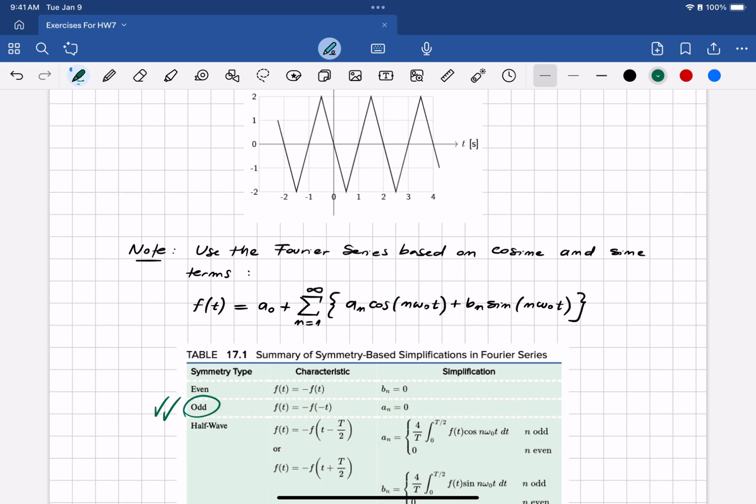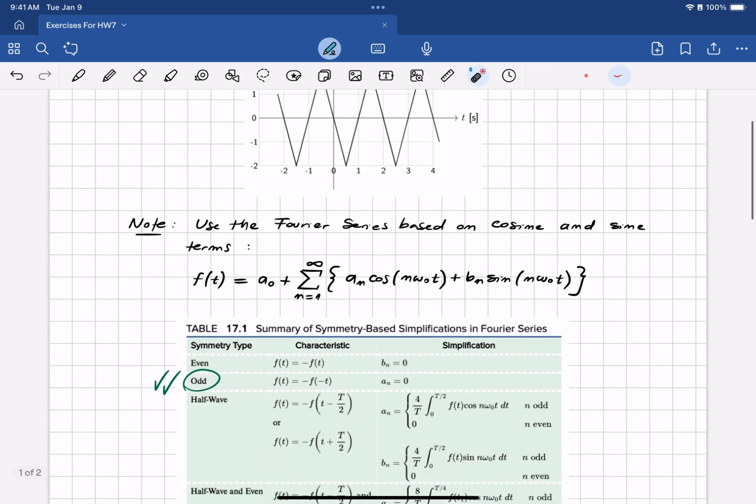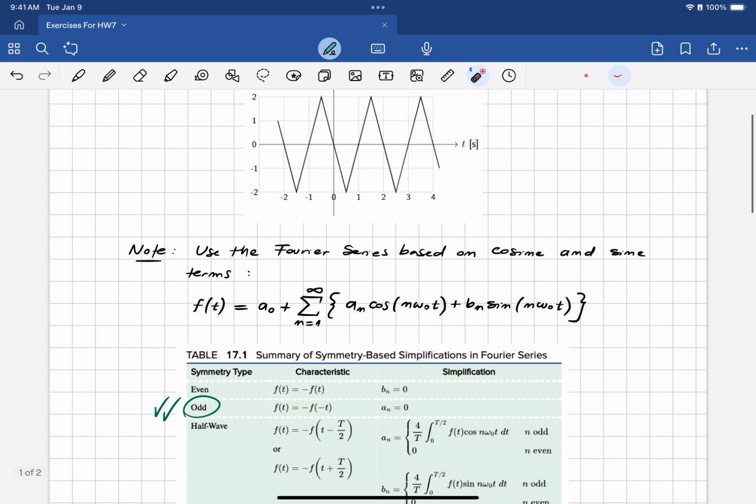And let's see if it has half wave symmetry. And how do we get that? Applying one of these definitions, right? So if we have one f of t, and then we move half a cycle, in this case one cycle is exactly 2 seconds. So let's say we're here at the same point, and we move half a cycle. That means we move 1 second. So we're at 1.5, we're going to be at 0.5. What is going to be the value of the signal? Minus f of t minus T half.